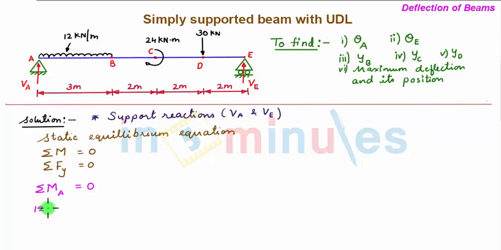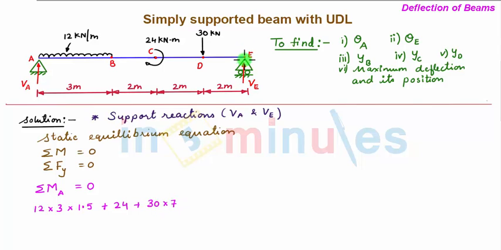So we have 12 multiplied by 3, magnitude of force, multiplied by 1.5. Then we have a clockwise moment at point C of 24 kN meter, so plus 24. Then we have a clockwise moment due to this downward vertical force of 30 kN acting at a distance of 7 meter. So we have plus 30 into 7.